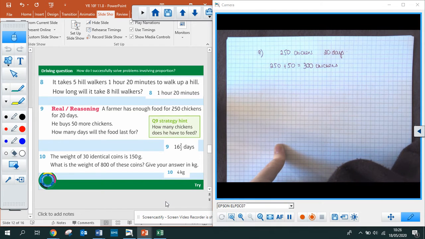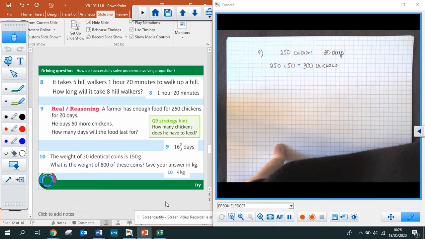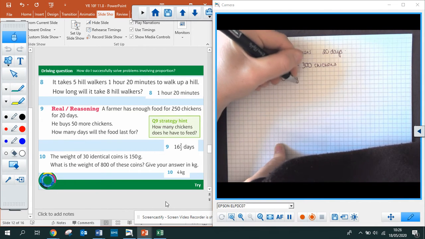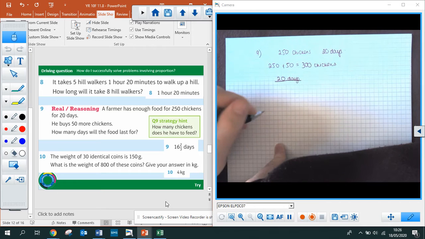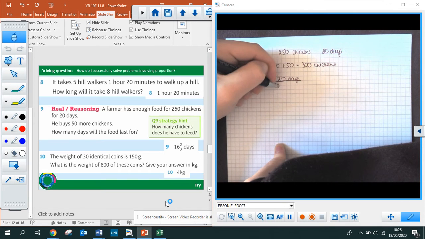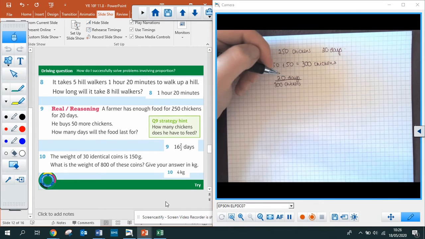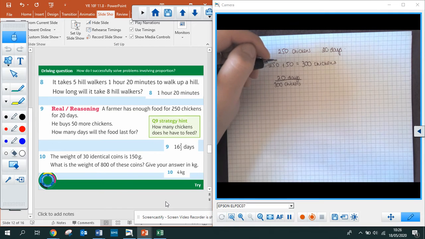Okay, so what we're going to do first is we're going to divide 20 days by 300 chickens. Okay, so that's the first thing you have to do, divide 20 by 300 chickens. And remember, I said you can use your calculator because it is a bit of a tricky one.